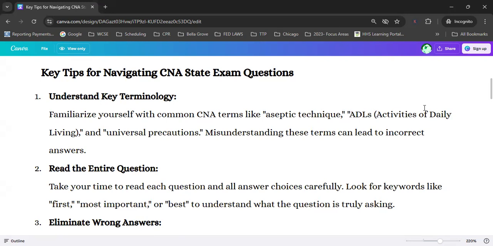Aseptic technique is a technique that is going to be utilized in most situations that a CNA is involved with. We have what we call sterile technique, which is more of a nursing type technique. We have certain gloves we're going to use. We're going to protect surfaces a certain way to ensure that this is a sterile environment.